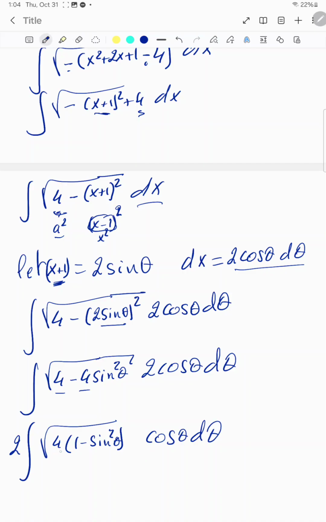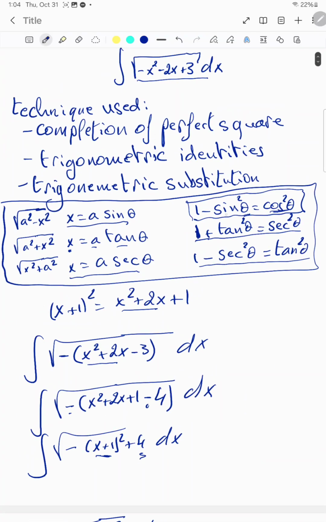And now, because I have multiplication, 4 multiplied by the parentheses, I can take the 4 outside the square root, and it becomes 2. So the 4 here goes as 2, and the 2 goes here. I will have 4 times the integral of the square root of 1 minus sine squared of theta times cosine of theta d theta. And you remember I told you 1 minus sine squared of theta is equal to cosine squared of theta.